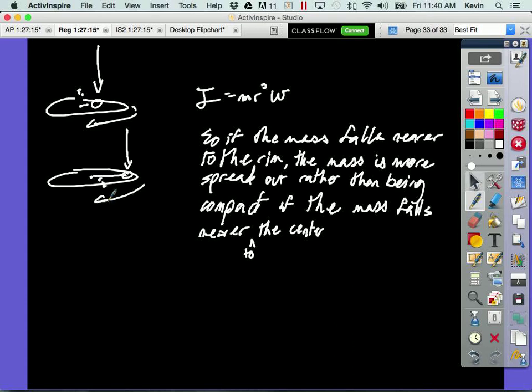Yeah, the ball has to be different. What's I for the ball? I for the ball is m(r) squared, and then the radius, because it falls.